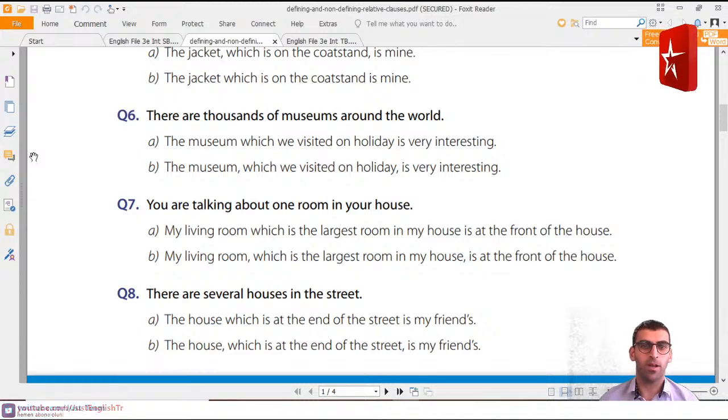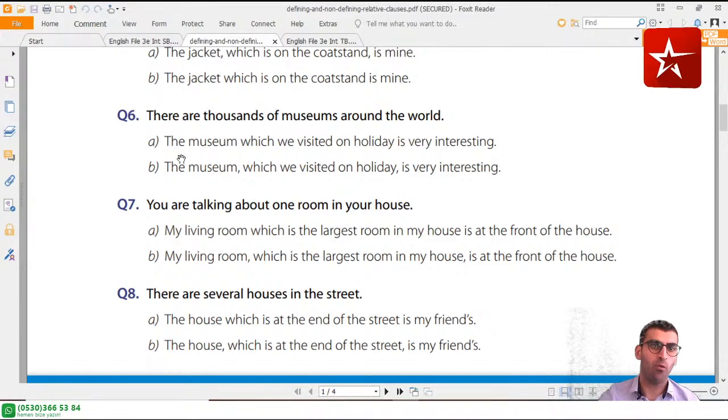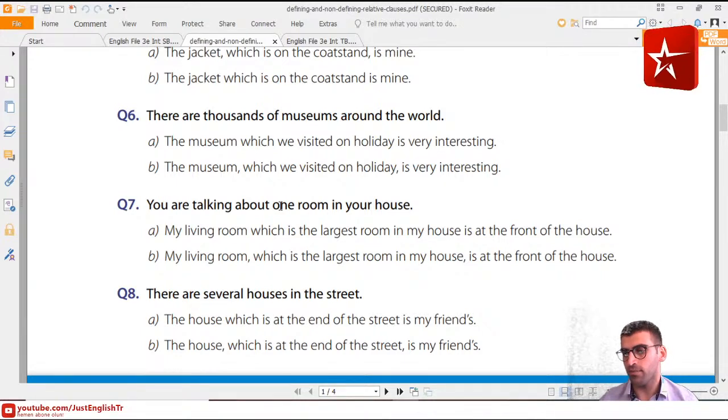You're talking about one room in your house. My living room, which is the largest room in my house, is at the front of the house. Or my living room which is the largest room in my house is at the front of the house. So we have two sentences, with comma and without comma, and we are talking about one room, guys. For number 7 we have to choose B because it is a non-defining relative clause.